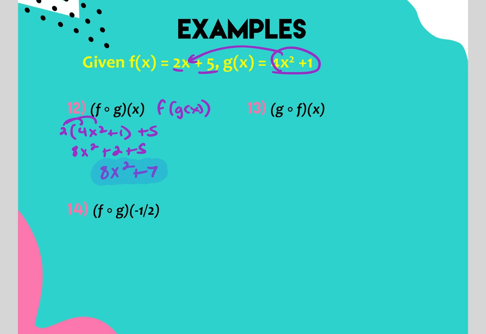Questions on that one? Okay, then 13 is g of f of x. So this time I'm going the reverse direction. I'm taking the f and plugging it into the g. So this whole thing is going in place of the x on the g, which means 4 times (2x plus 5) squared plus 1.